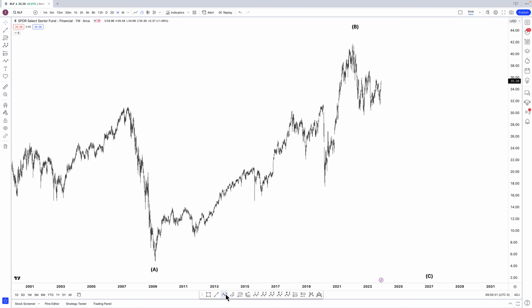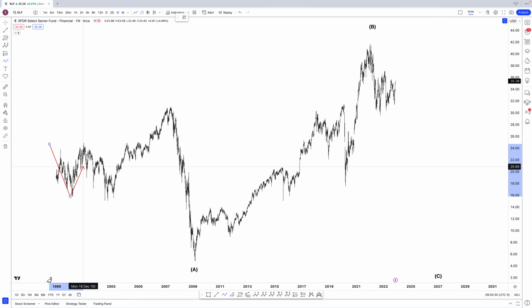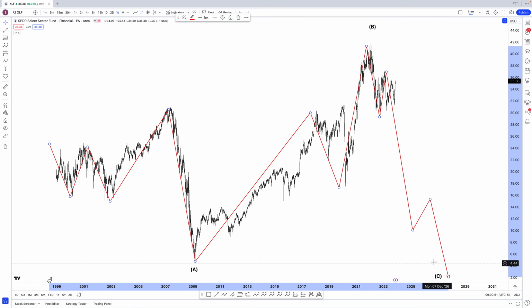I mean, isn't that possible? Can't this be wave A, wave B, wave C for wave A of a flat? Remember, flats are 3-3-5 structures. So that's an ABC for wave A. And then we have A, B, C for wave B. And then we're going to get 1, 2, 3, 4, and 5 for wave C. Is that not possible? Of course it's possible.